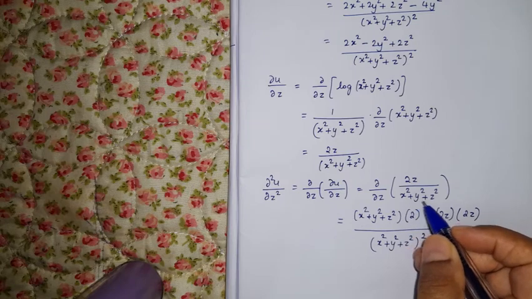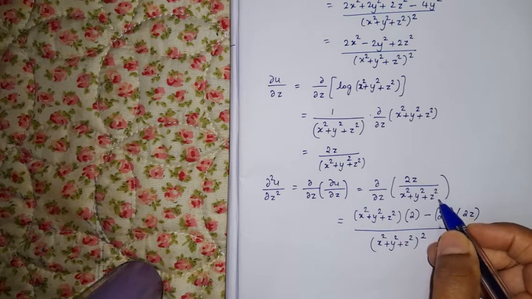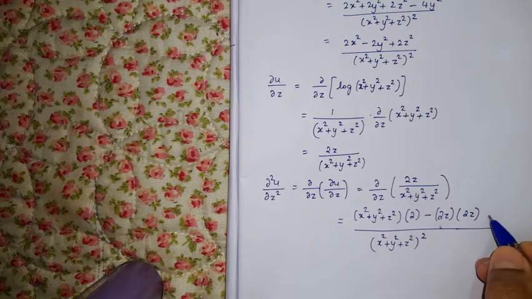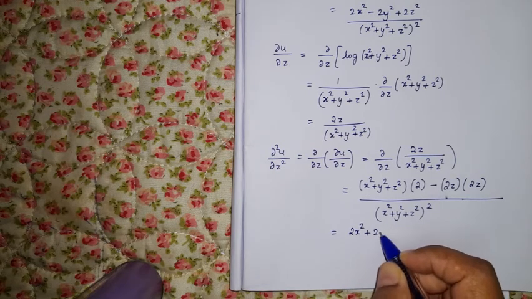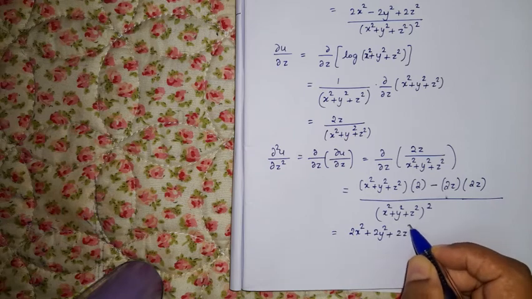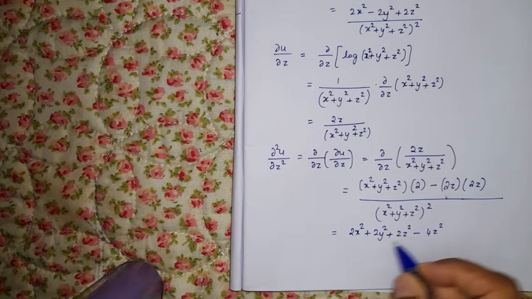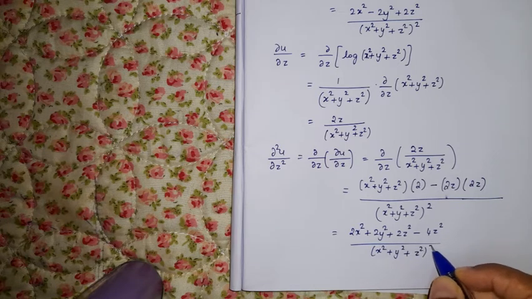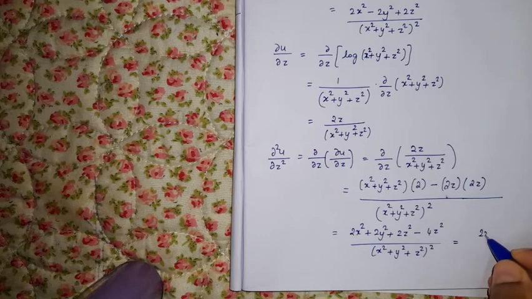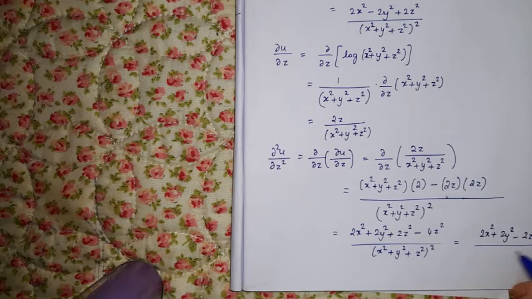It will become 0. So z square, when partially differentiated with respect to z, gives 2z. Now this can be written as 2x square plus 2y square plus 2z square minus 4z square divided by x square plus y square plus z square the whole square, which is equal to 2x square plus 2y square minus 2z square divided by x square plus y square plus z square the whole square.